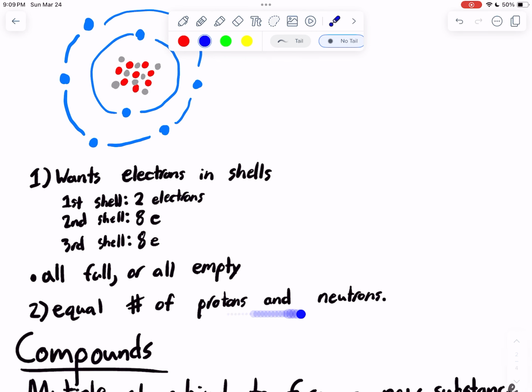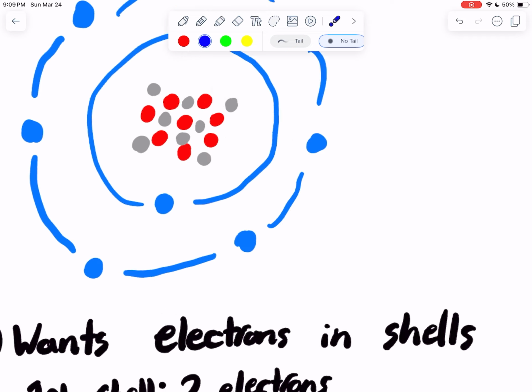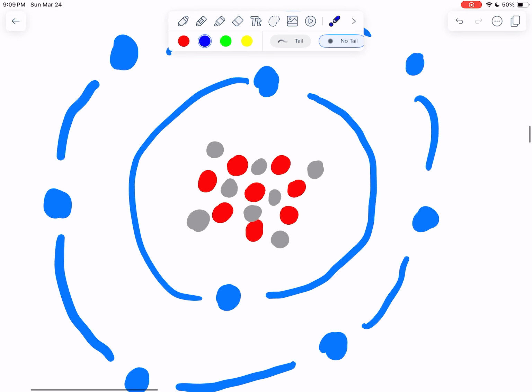The other want is that atoms want to have an equal number of protons and neutrons. This doesn't often happen, because if we think about the strong nuclear force, the nucleus of the atom is being held together because neutrons and protons attract each other. But protons have positive charges.